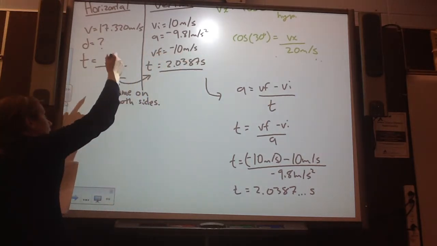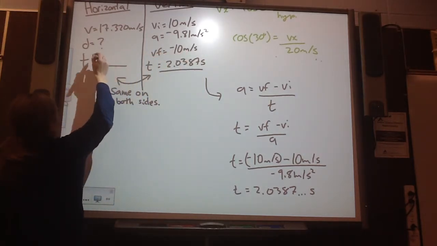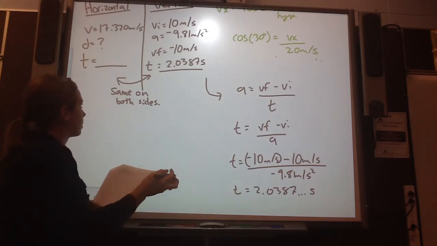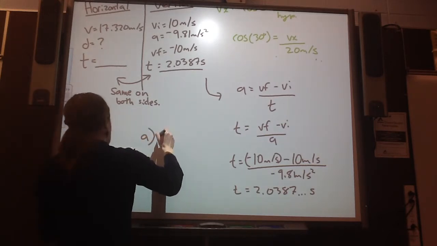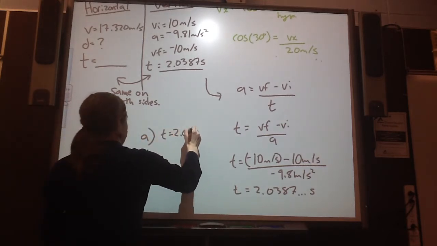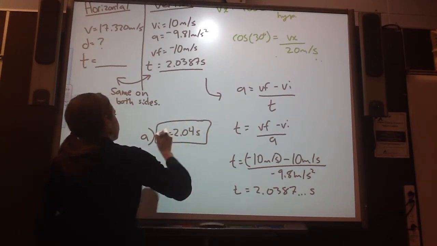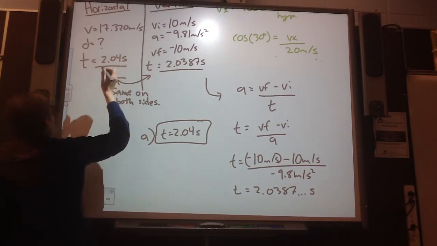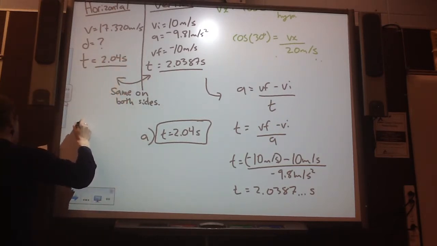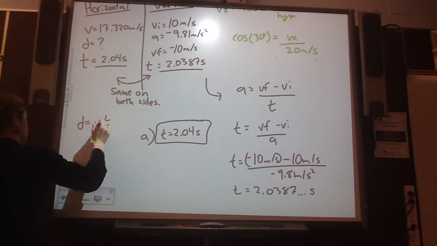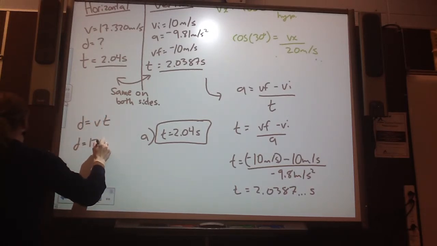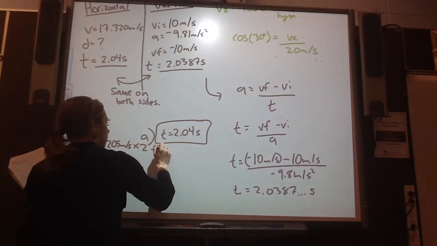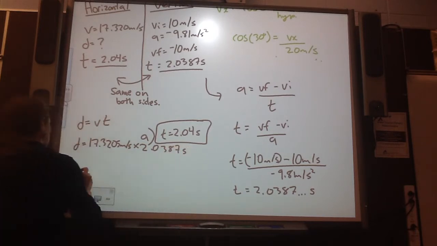So now I can use that time and put it into my horizontal. Oh, and this is one of my answers. So my answer to A is T is equal to 2.04 seconds. Now I can solve for D. So D is equal to V times T. D is equal to 17.3205, etc. meters per second, times 2.0387 seconds.